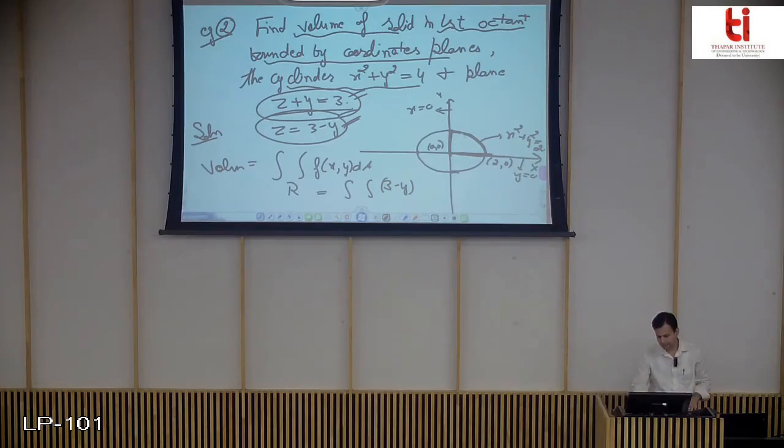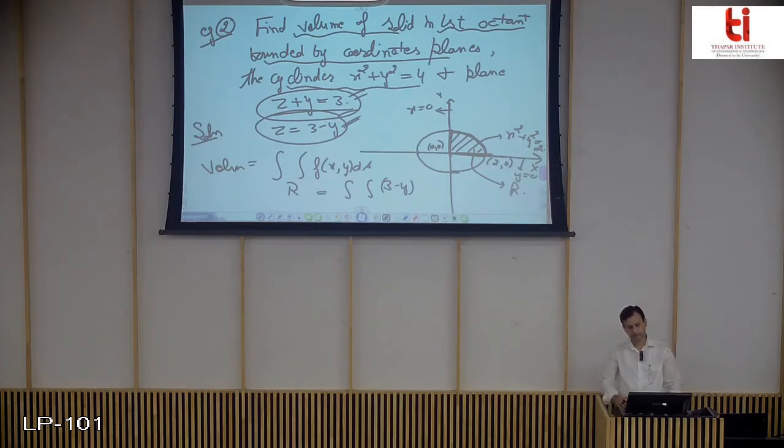So this is the region of integration that we will get in the xy plane corresponding to the volume that we have to find, for the region R in your xy plane. The volume of this three-dimensional space we have to find is bounded below by this region R. This region R is bounded on one side by the x-axis, on one side by the yz plane, and on one side by the cylinder.